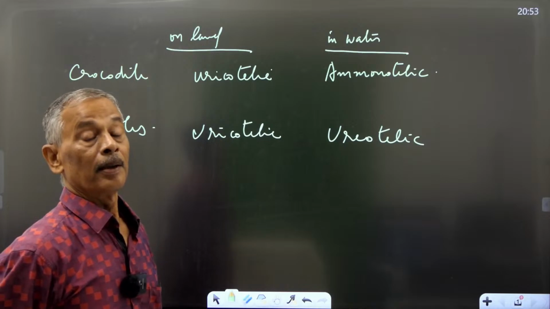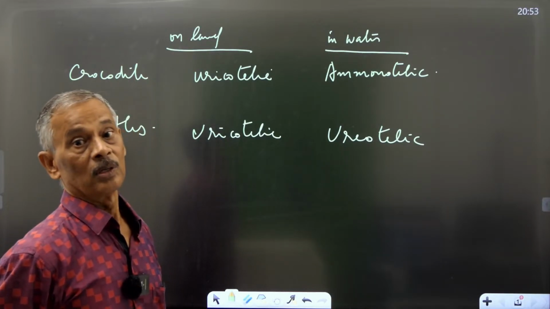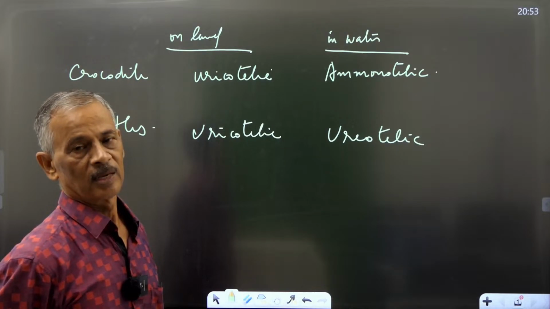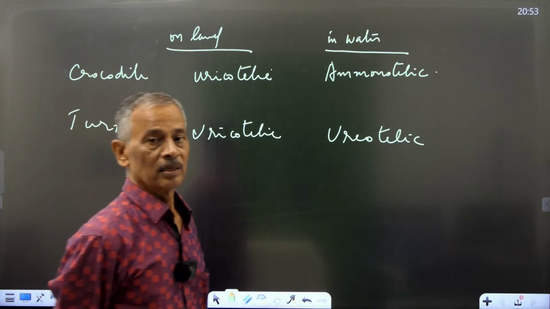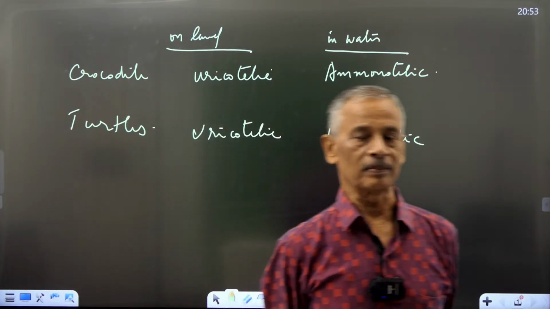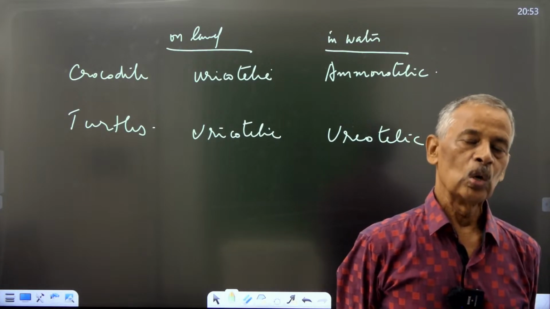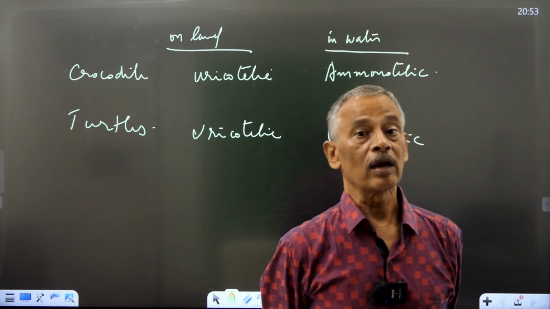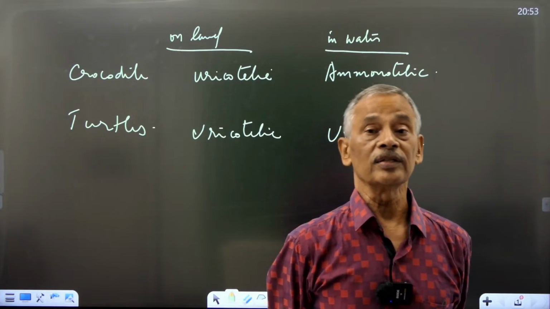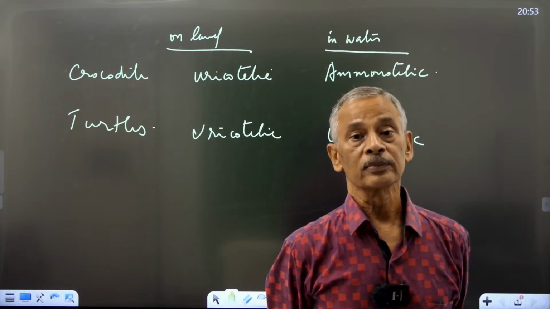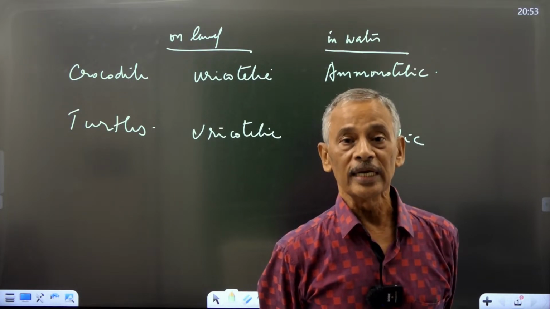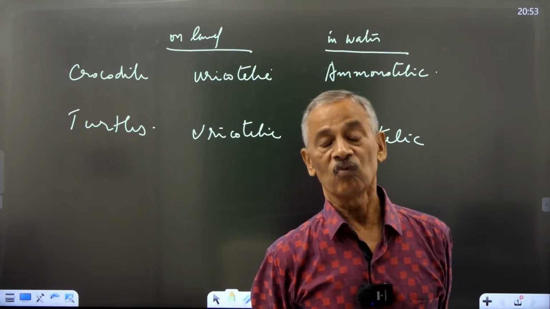And marine cartilage fishes, especially sharks, have a mechanism of storing this. They convert the ammonia into urea, and that urea is stored in their body. Why?